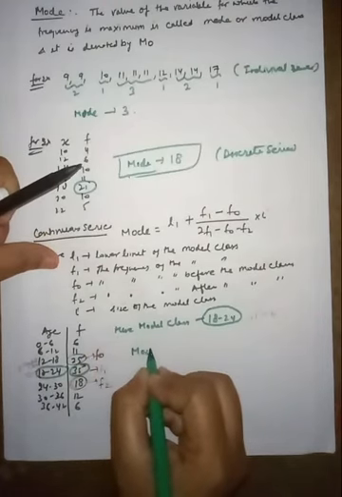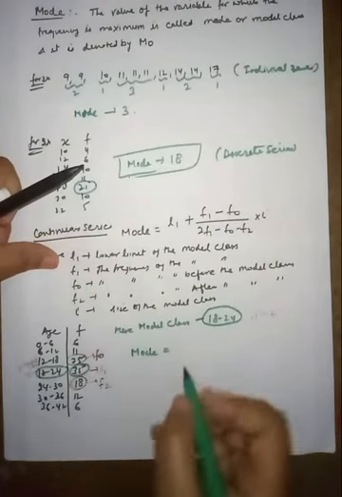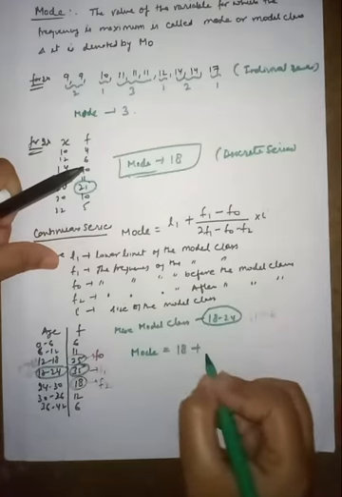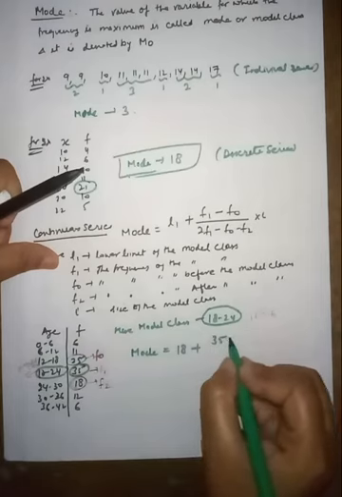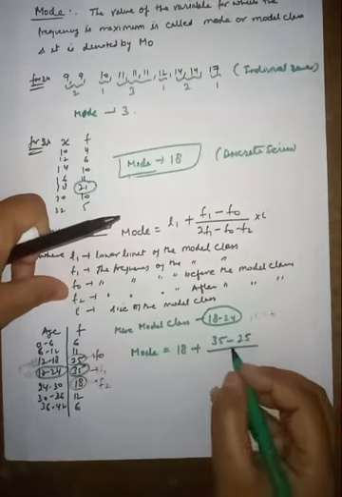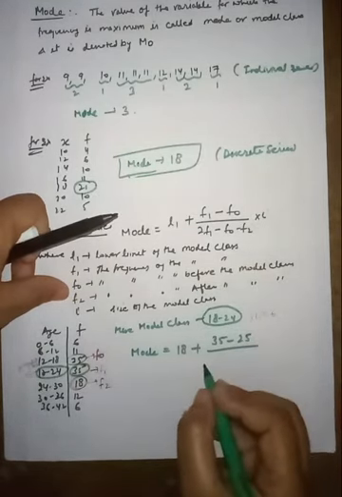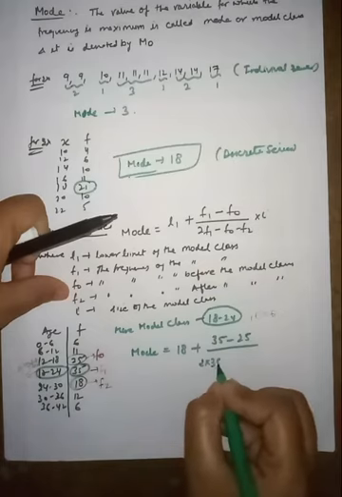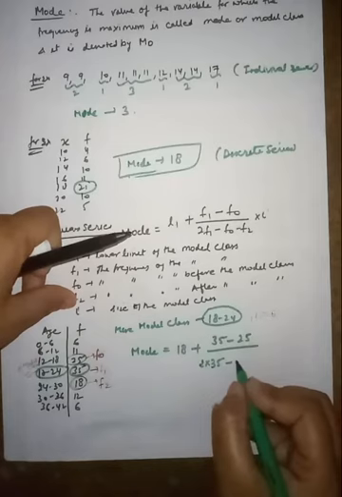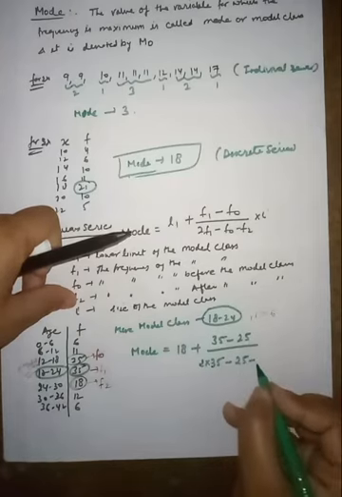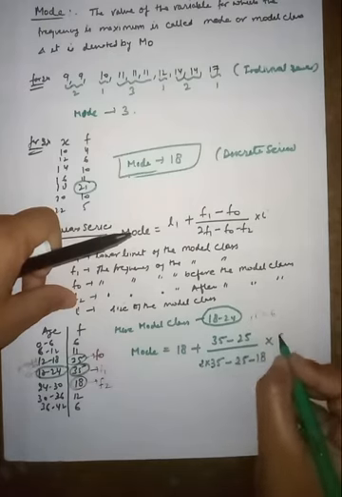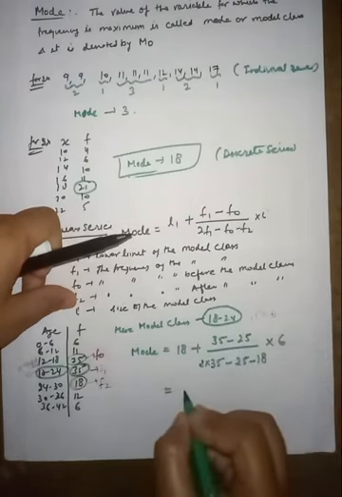Now using all these values in this formula, put all values. So we have mode equals L1 is 18 plus F1 is 35 minus F0 is 25 upon 2 times F1, 2 into 35, minus F0, which is 25, minus F2 is 18, into I is your 6. Now solve this one.